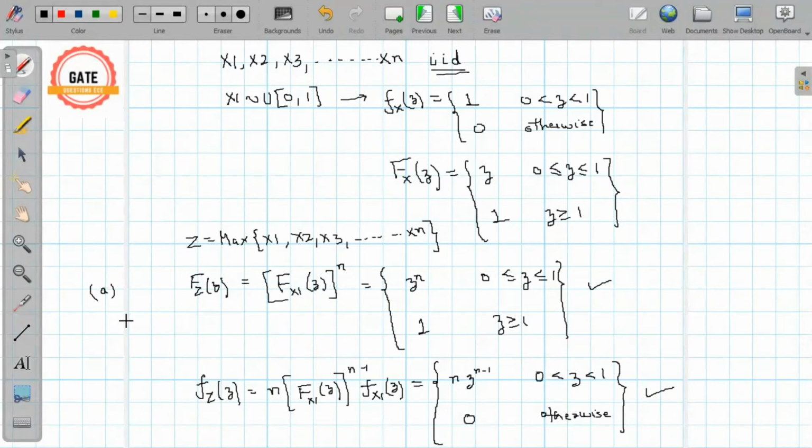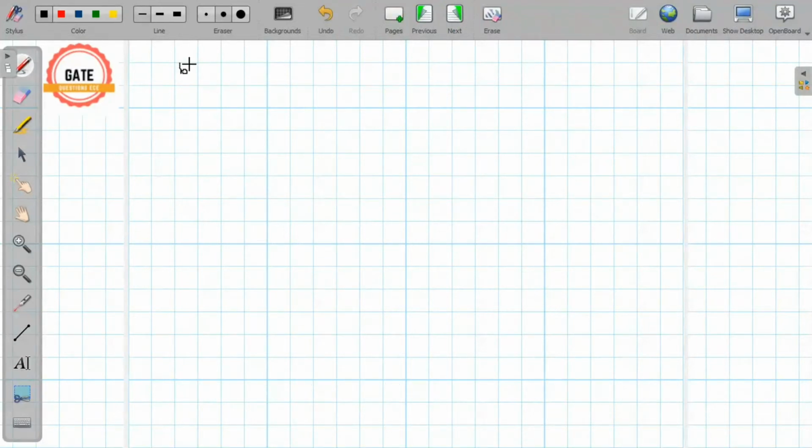Now let's see what part B is. In part B, we are asked about the probability that Z is less than or equal to 1/2. We know from the definition of CDF that it is nothing but the probability that capital Z is less than or equal to small z.